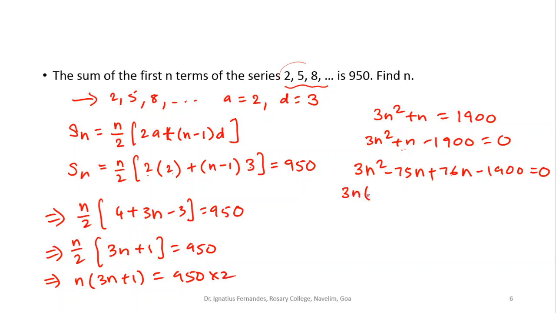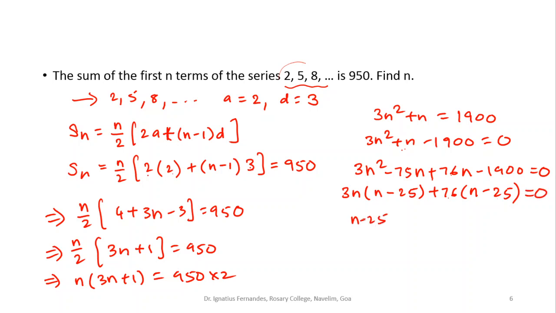So I'll take 3n common here, so I have (n minus 25). 3 into 25 is 75. Here 76 I'll take common, (n minus 25). 76 into 25 is 1900.